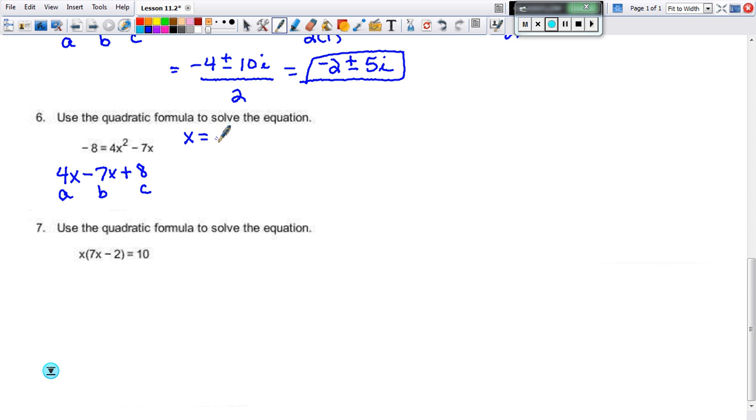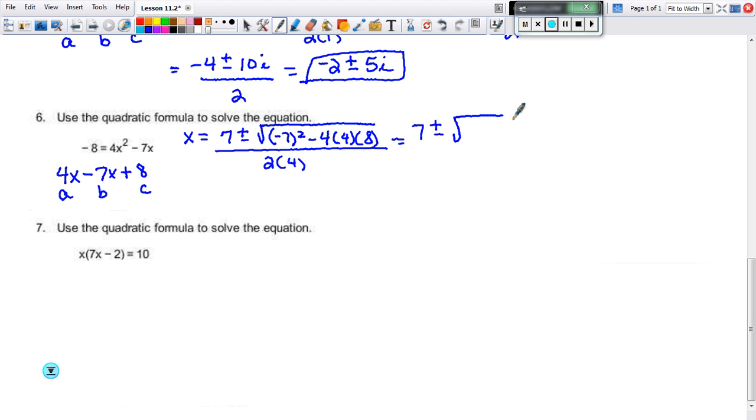Opposite of negative 7 is positive 7, plus or minus the square root of b squared, negative 7 squared, minus 4ac, all over 2a. So that gives you 7 plus or minus the square root of negative 7 times negative 7, which is 49.